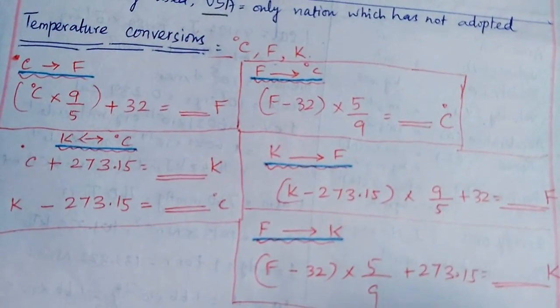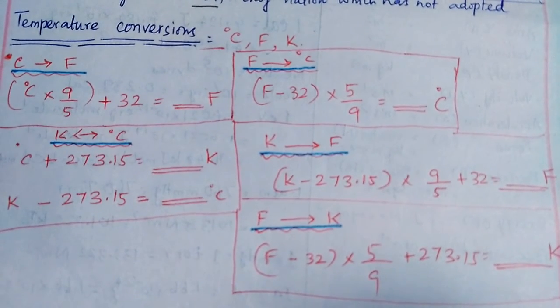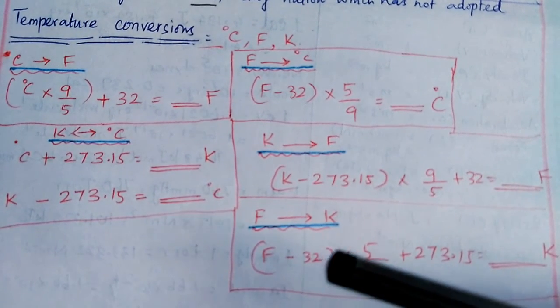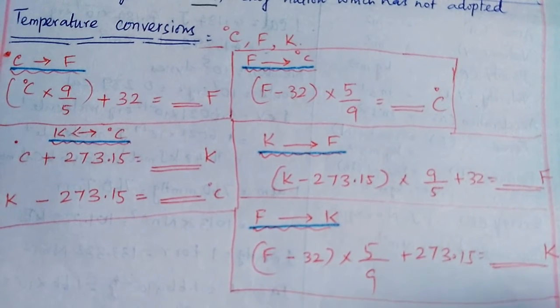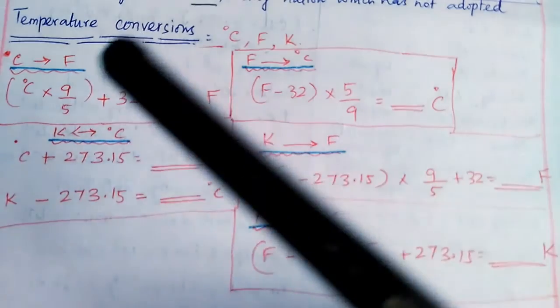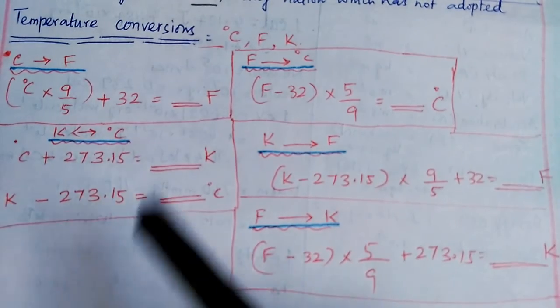Okay, in all these cases we should be clear with one thing. If we are asked to convert the value of temperature from one unit into another unit, we should have the ability to do so.